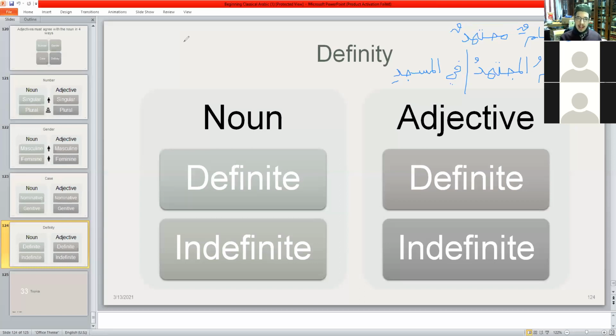We have black, which is the sifa, and pen, the mawsuf, which comes after the sifa. Now in Arabic, it's flipped, it's the opposite. Al-muslimu, that's the noun, the mawsuf. Al-mujtahidu, that's the sifa. And if anybody knows any Romance languages, this is also the order of the adjective and the noun in Romance languages as well.